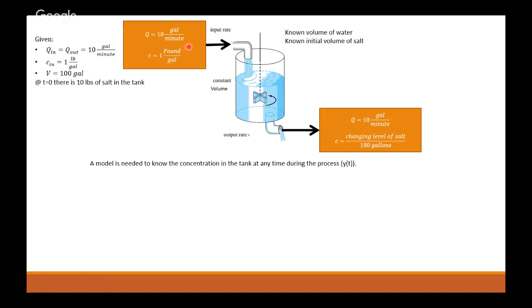But here's the thing: the level of salt is constantly changing. Remember, you've got 10 pounds of salt in the system originally in a 100-gallon tank. That's only 0.1 pounds of salt per gallon. And you're putting in a concentration that is 10 times that. But it's a much bigger volume.